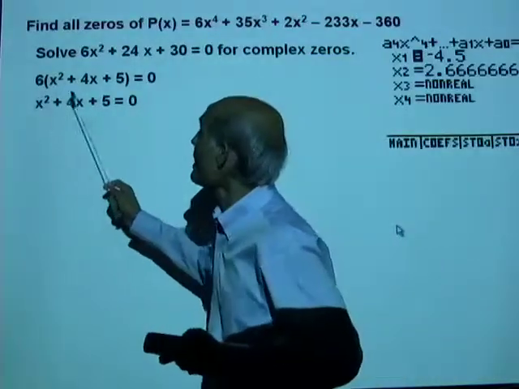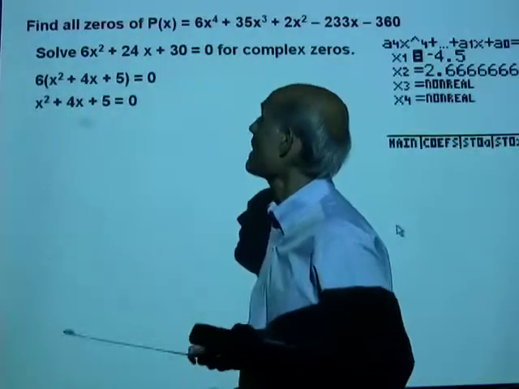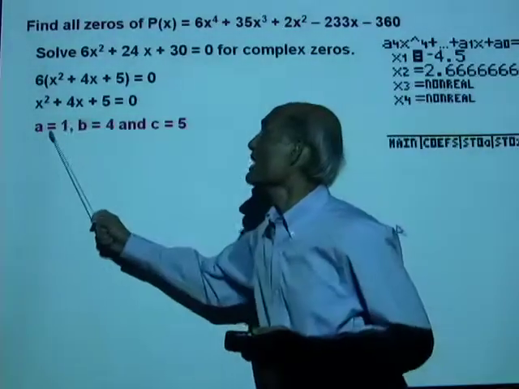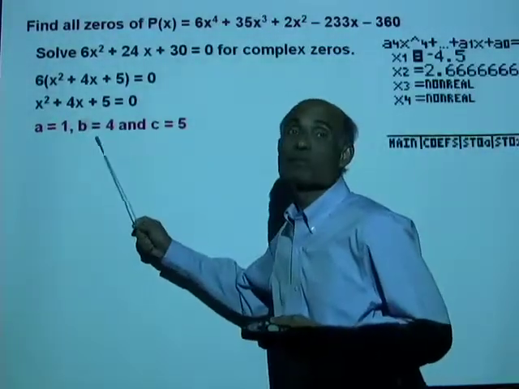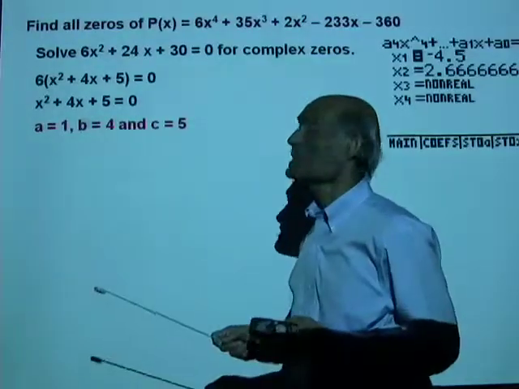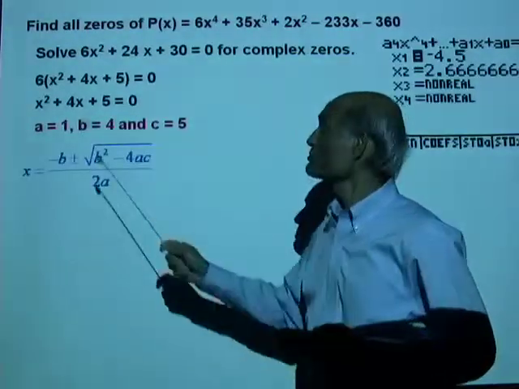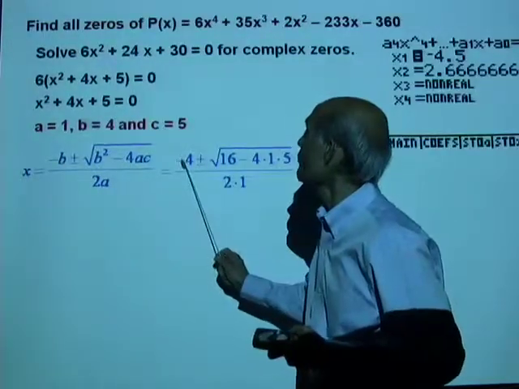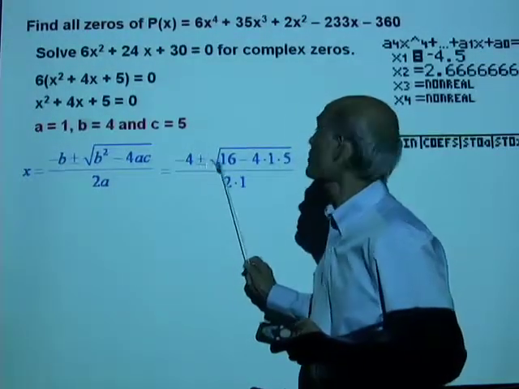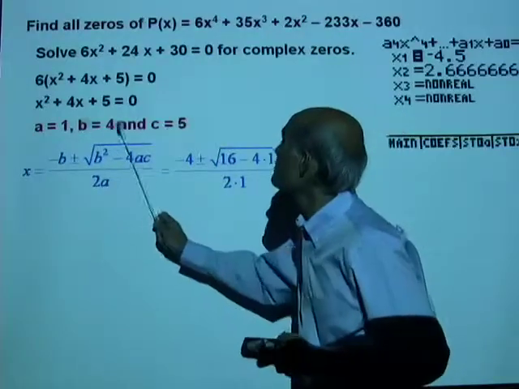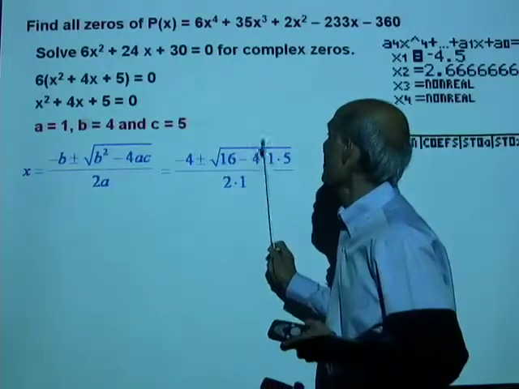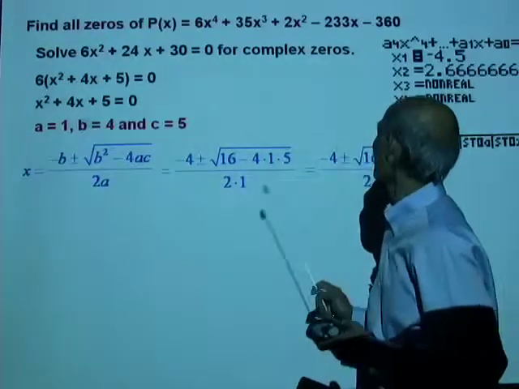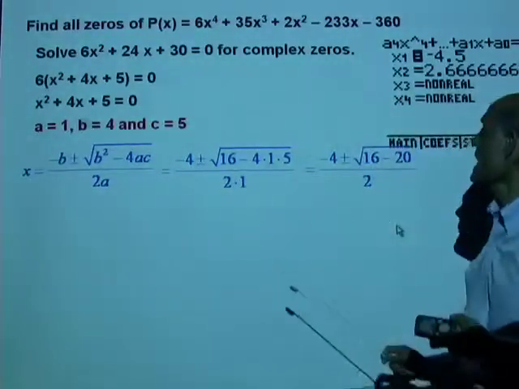So we say x squared plus 4x plus 5 equal to 0, where you have your a equal to 1, b equal to 4, and c equal to 5. And use the quadratic formula. Negative b is negative 4 plus or minus square root b squared is 16 minus 4ac is 20 over 2a.